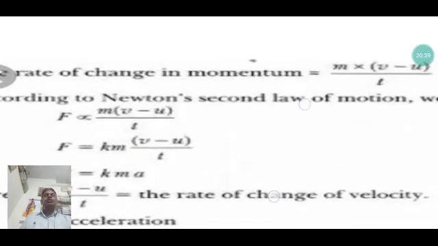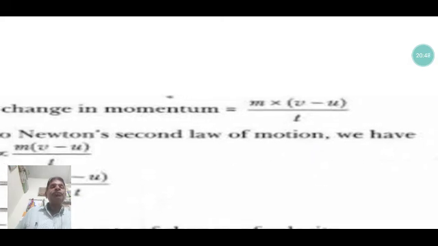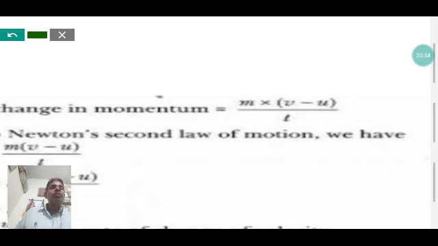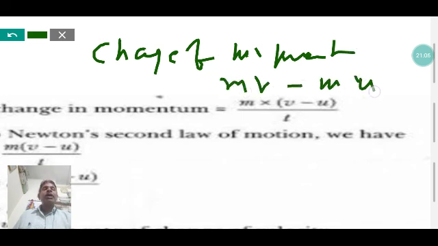According to the second law of motion, what is the rate of change of momentum? The change of momentum is equal to mv minus mu, which is divided by t, and we get the rate of change of momentum.